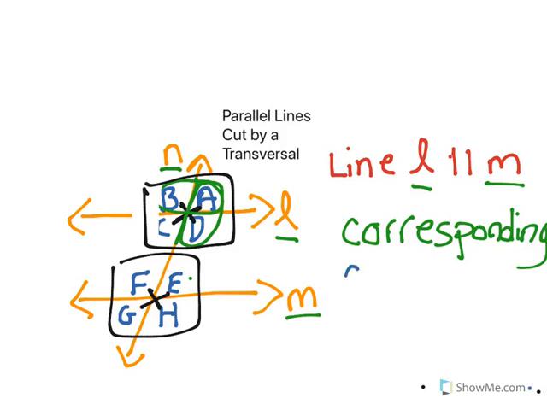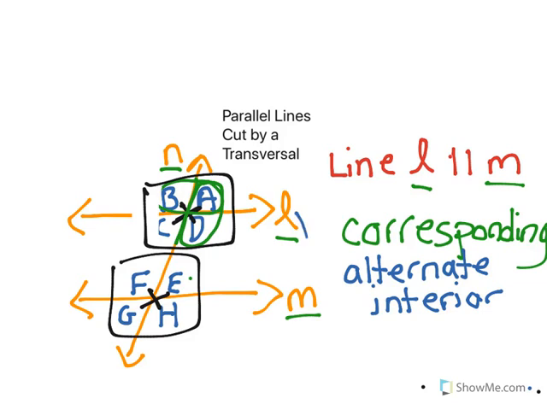Next one is what we call alternate interior angles. These angles are also going to be congruent to each other. Same thing. So alternate interior angles are angles that are inside of our parallel lines.